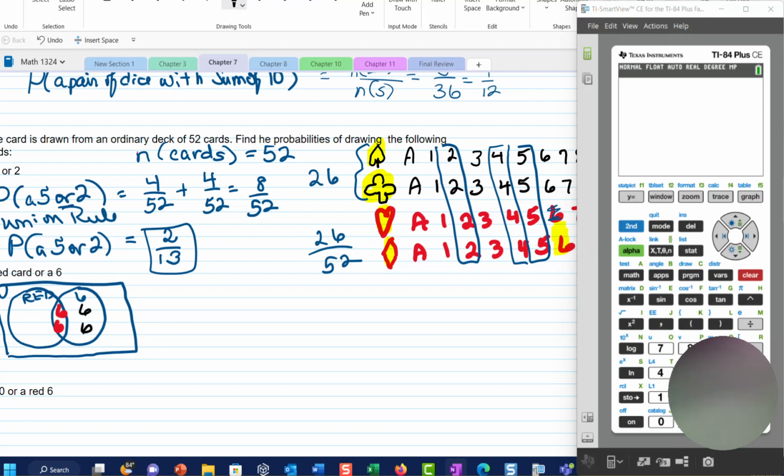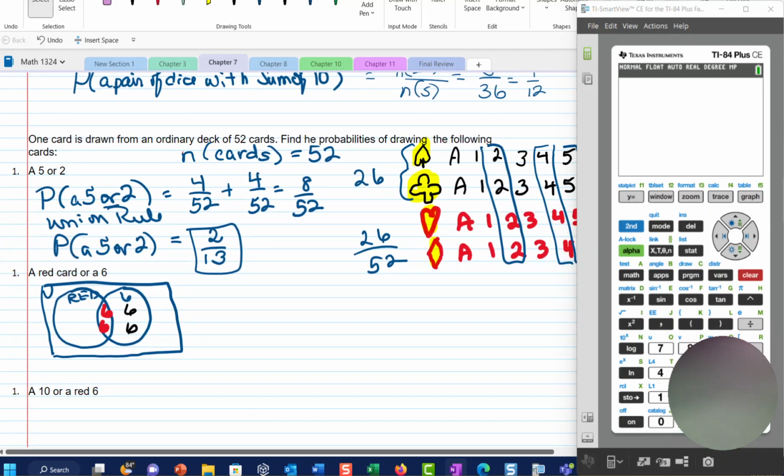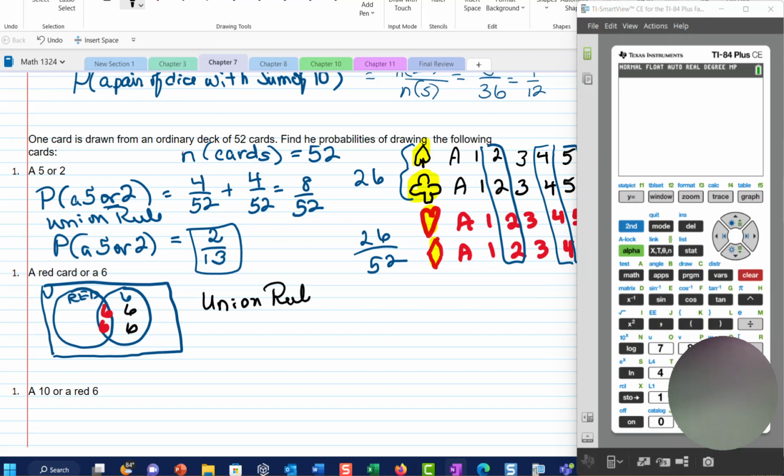All right. So this is that union rule. Overlapping. So what we want is the probability of a red card or a 6.